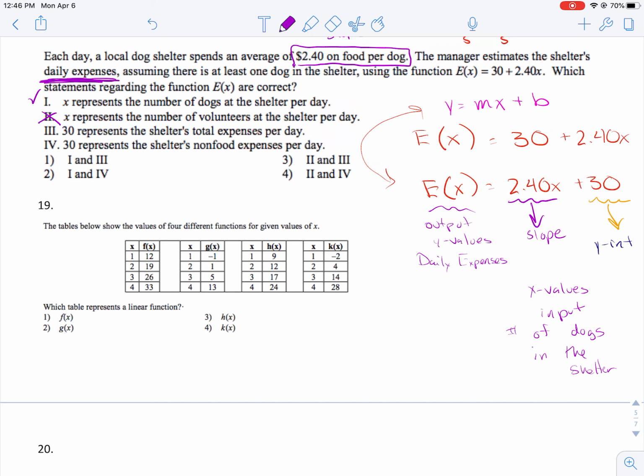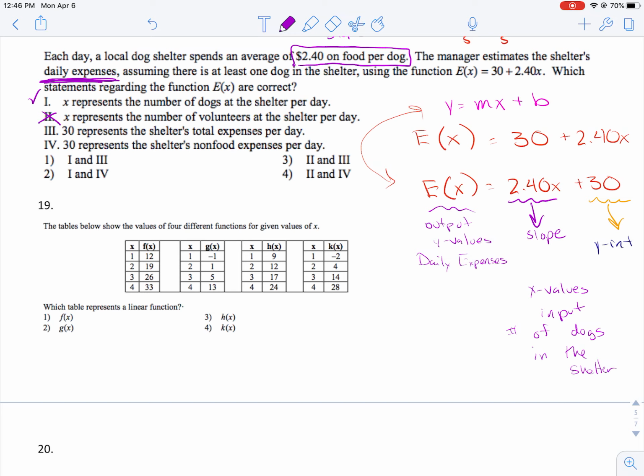We don't know. Okay, so X represents the number of dogs at the shelter per day. Okay, this one's correct. X represents the number of volunteers at the shelters per day. That one is wrong. 30 represents the shelter's total expenses per day.